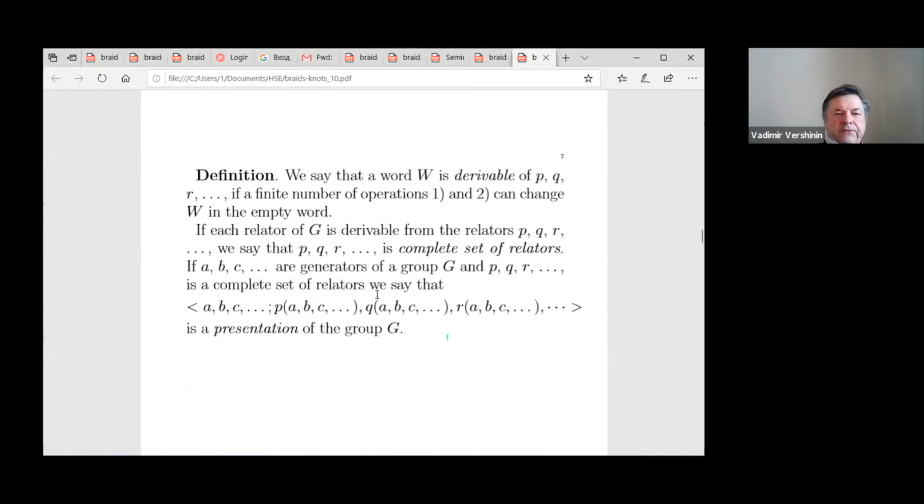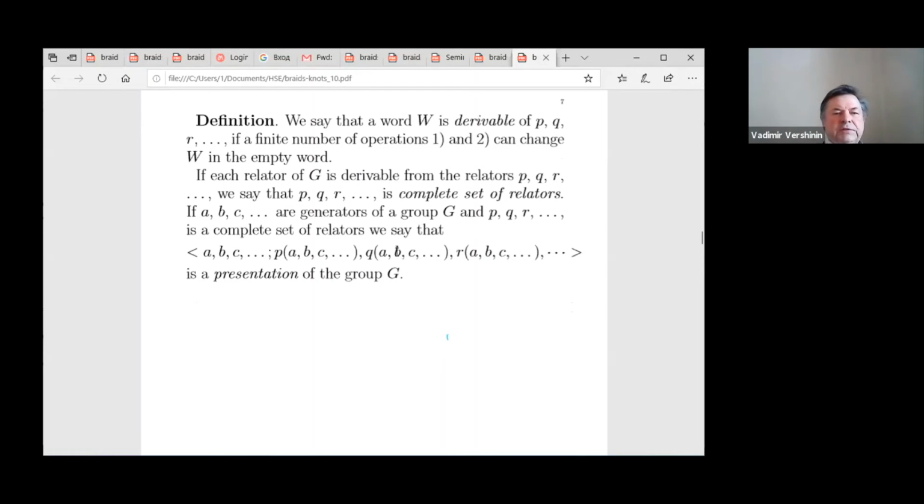So these are the generators. I forgot to say that generators means that if you map all of them, you get an epimorphism of the language to your group. So this gives a presentation of a group: generators and a complete set of relations.